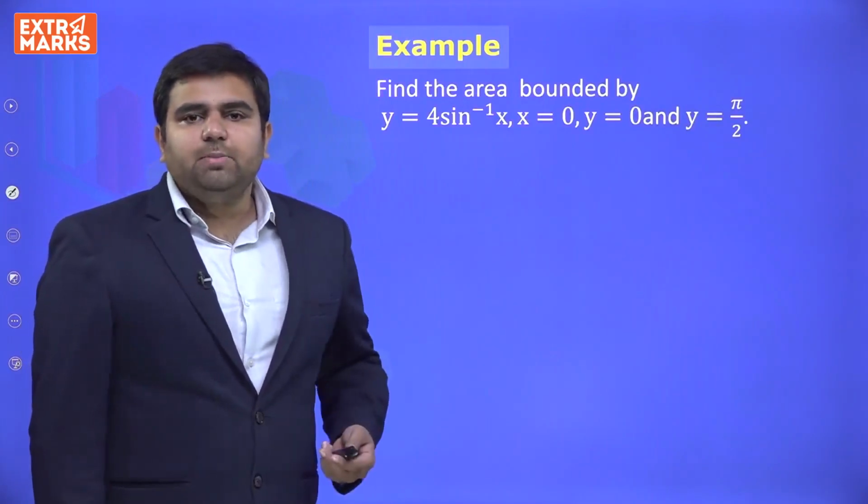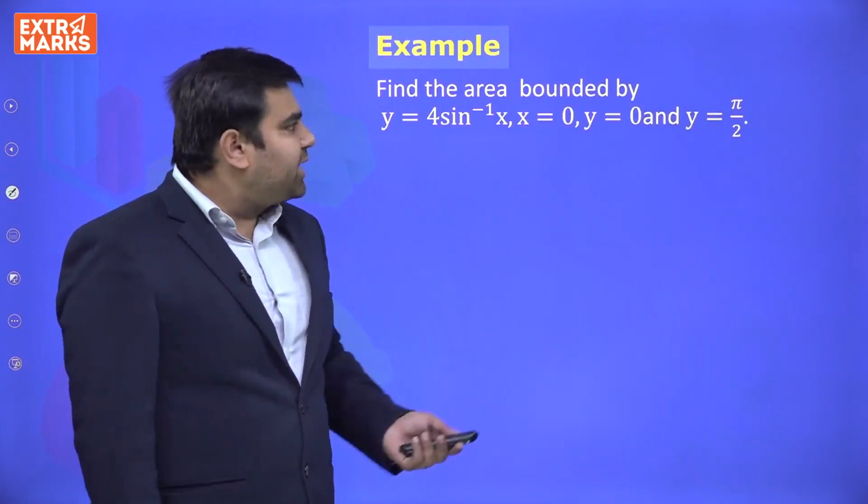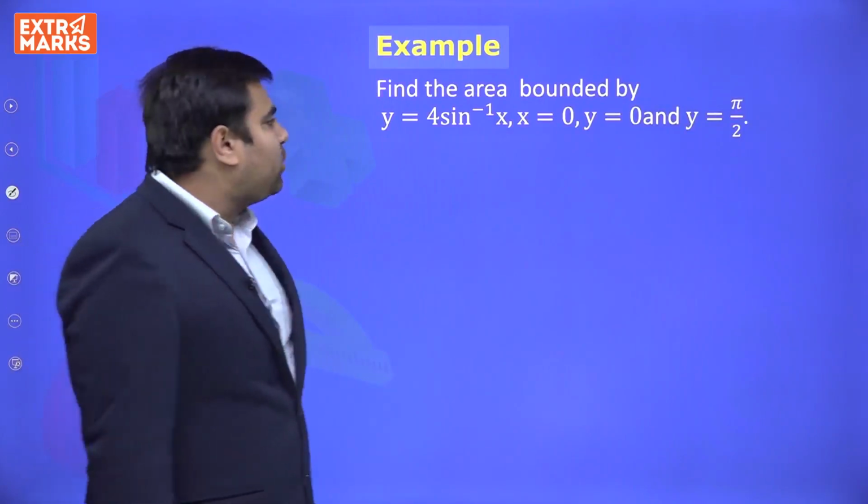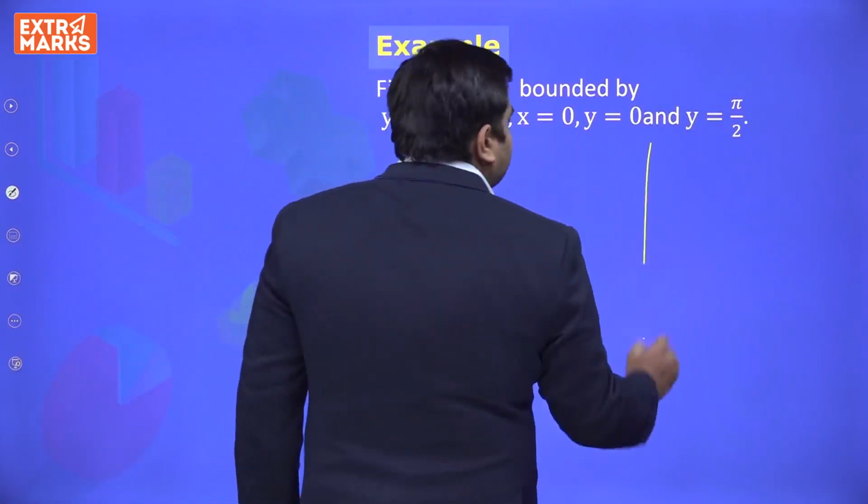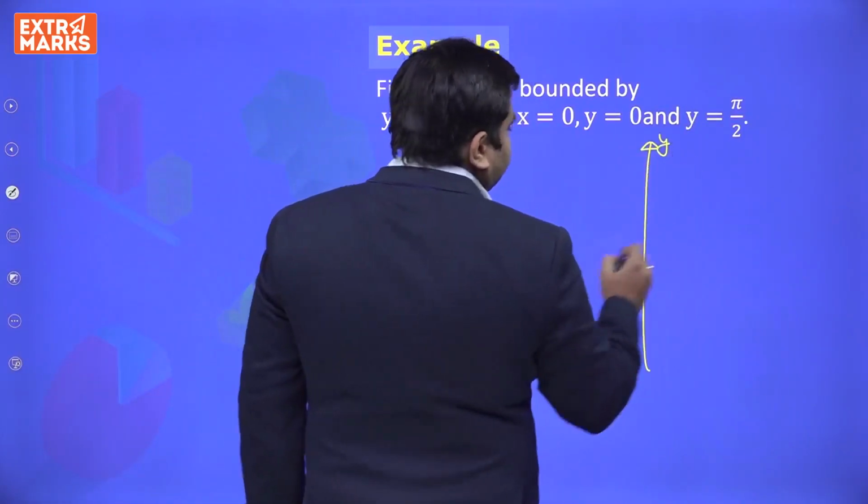Next, find the area bounded by y equal to 4 sine inverse x, x equal to 0, y equal to 0 and y equal to pi by 2. So let's calculate this.